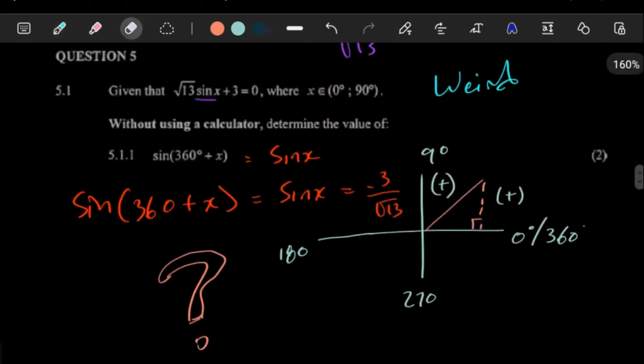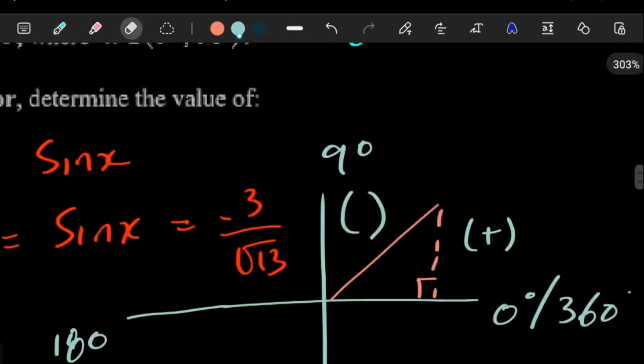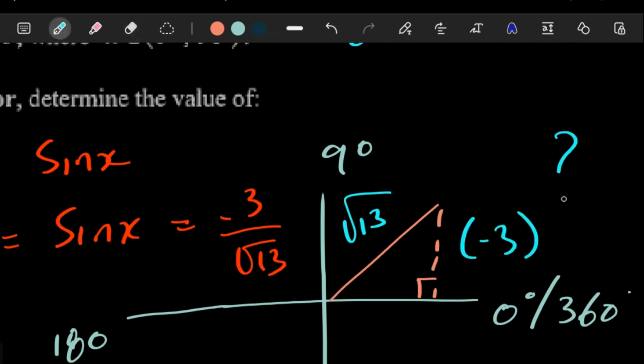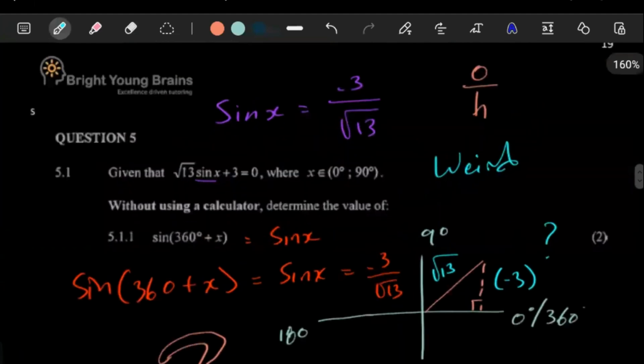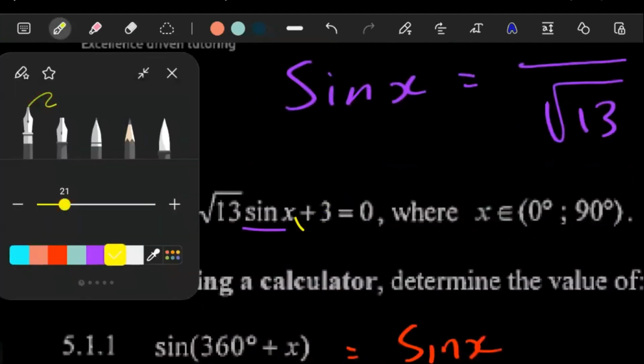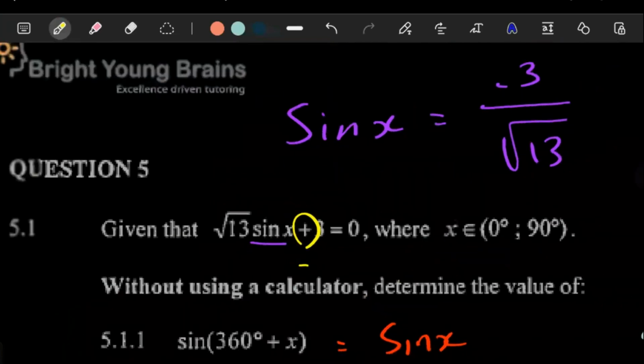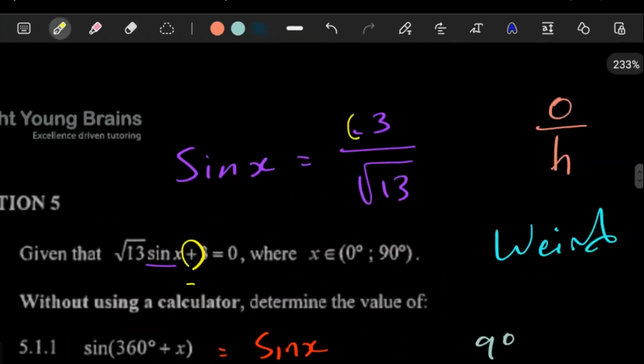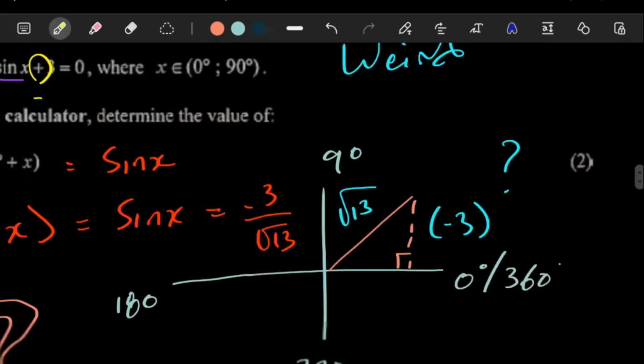This doesn't make any sense at all. Hypotenuse, you can maybe say square root of 13 over here. It doesn't make sense to have -3 here. The only thing that would make sense is if this was supposed to be a minus, so that when you move it over, this becomes a plus. That's the only thing that makes sense.